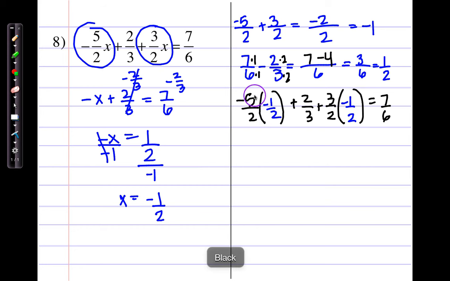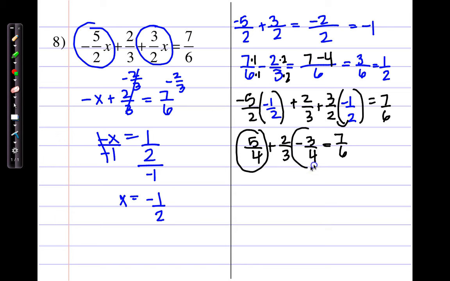So it's going to leave me with a positive 5 over 4 here, plus 2/3. Here you're going to have to multiply that, which gives you a negative 3/4 equals 7/6. Here, because I can, I'm going to go ahead and use a commutative property and combine these two first, which is going to leave me with 2/4, which reduces to 1/2, plus 2/3 equals 7/6.